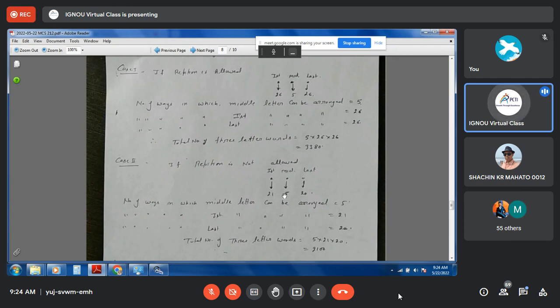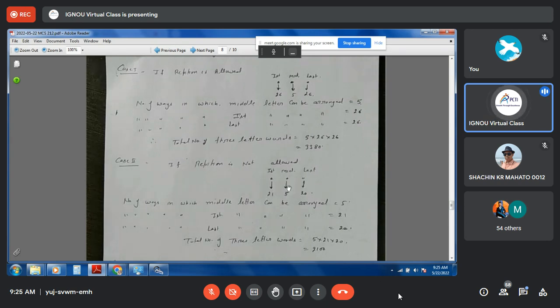You have only 5 options because there are only 5 vowels. From the 5 vowels, any one vowel can be written here. So the middle position has 5 options. Now come to the first. This time you take the 21 consonants, because repetition is not allowed.